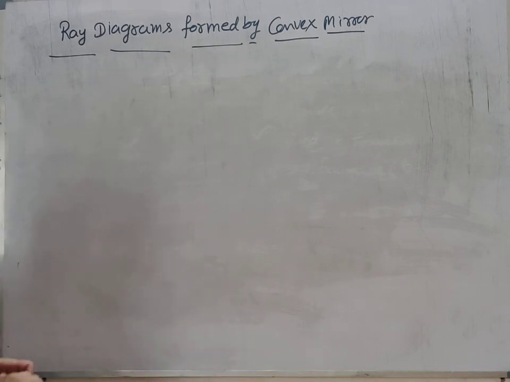Second ray diagram is, what is the position of object?